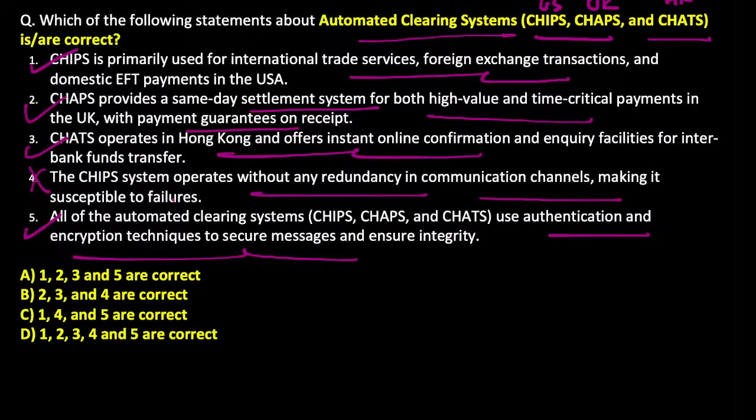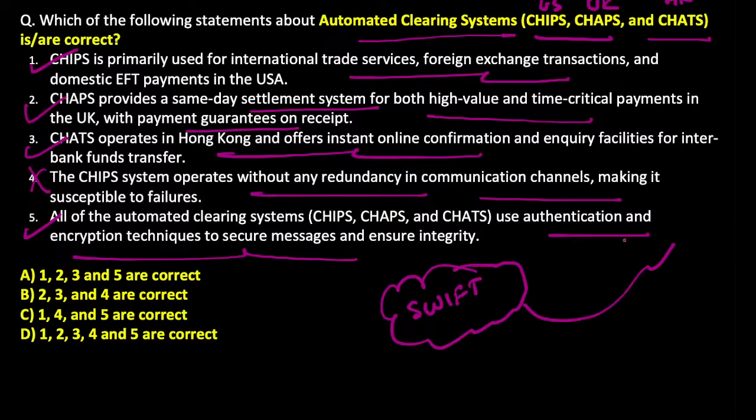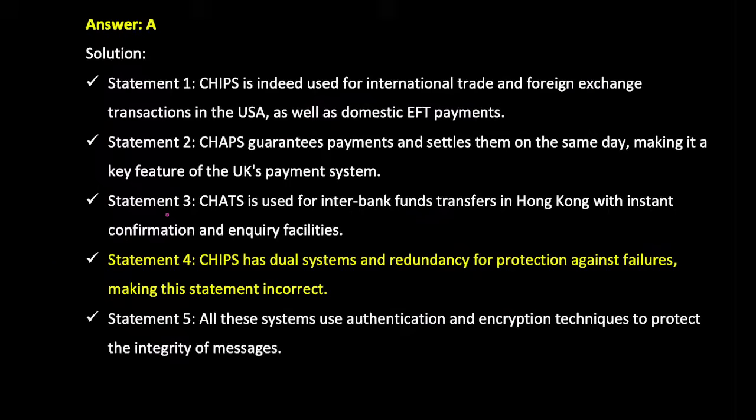These are the competitors to SWIFT, the Society for Worldwide Interbank Financial Telecommunication. CHIPS, CHAPS, and CHATS are all in the same business. We have TARGET2 also from the UK, Europe. So they are generally part of this. So option A should be the right answer for this question. Correct? Yes, very good. Let's go to the next one, guys.